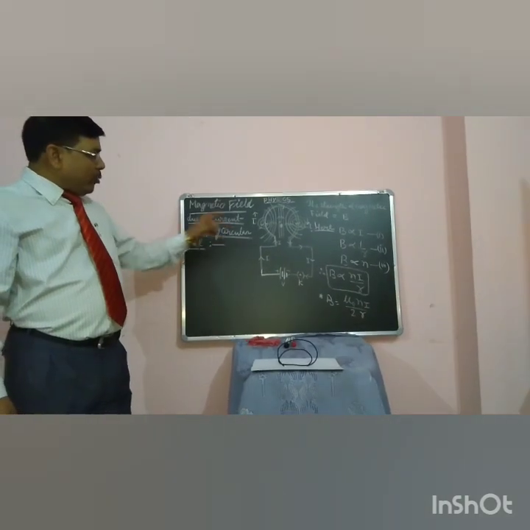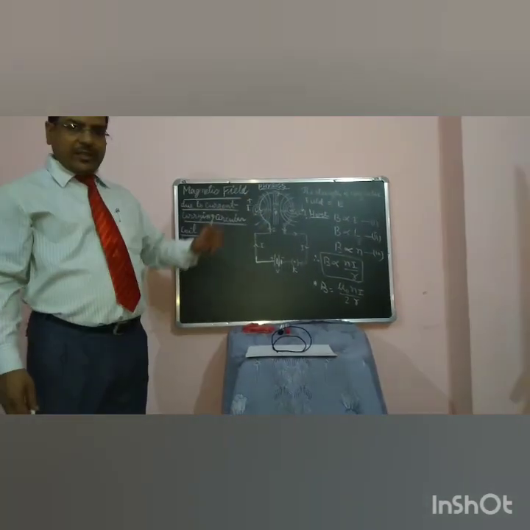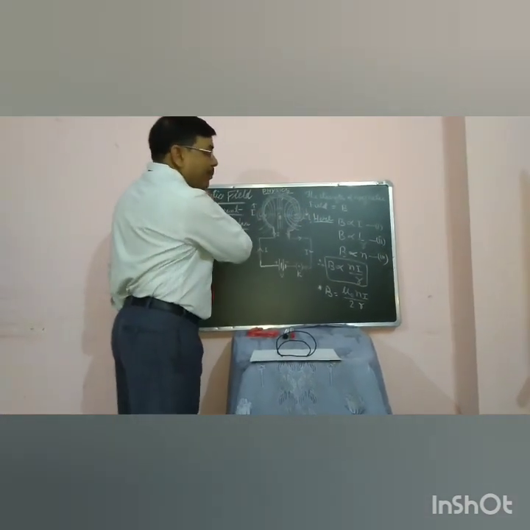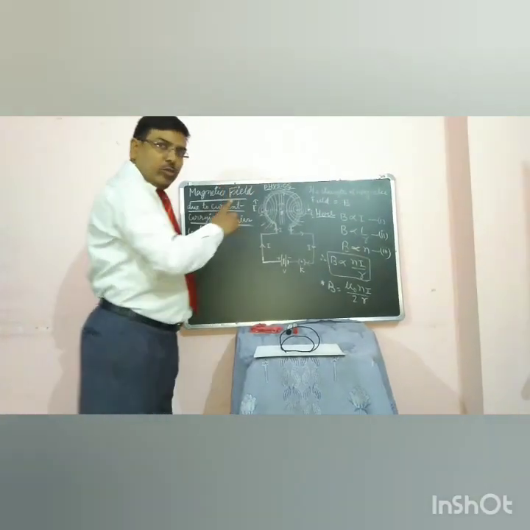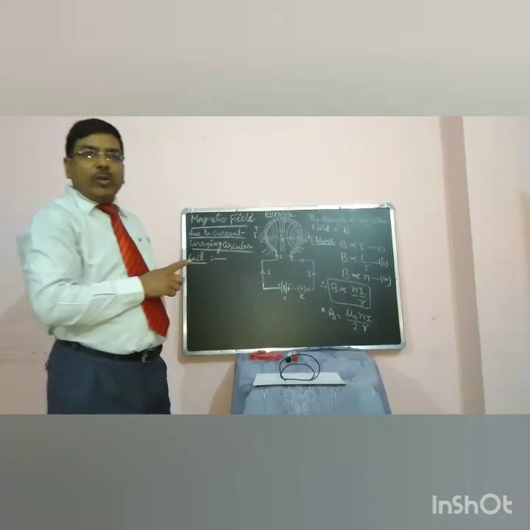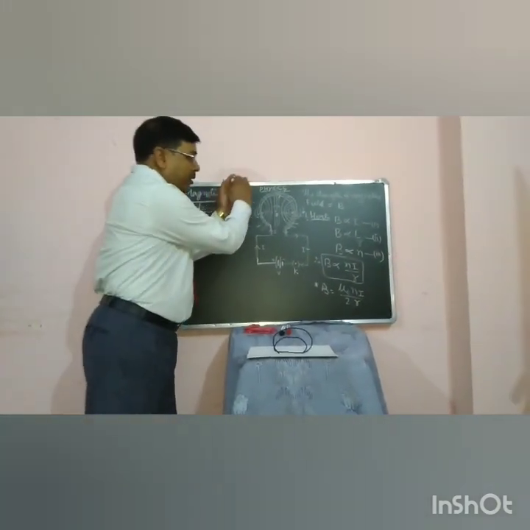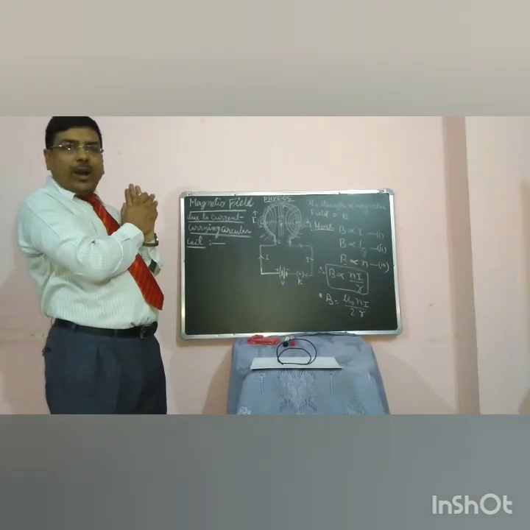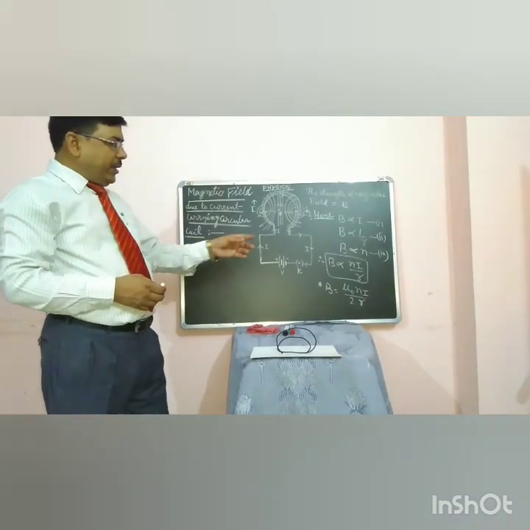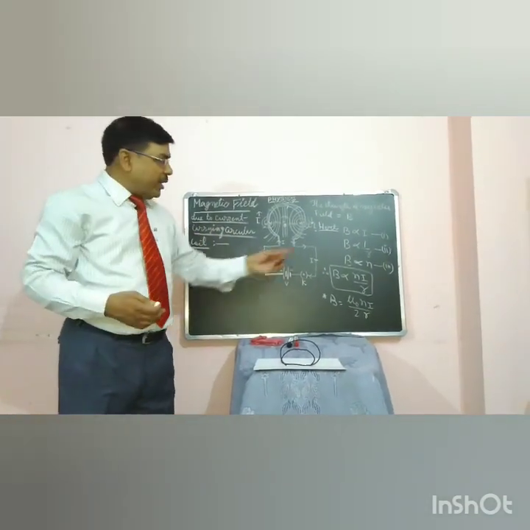We observe that if the amount of current increases, the strength of the magnetic field increases. So the magnetic field induction strength is directly proportional to the current. And if the radius of the circular coil becomes bigger, then the magnetic field strength becomes smaller, weaker, inversely proportional.